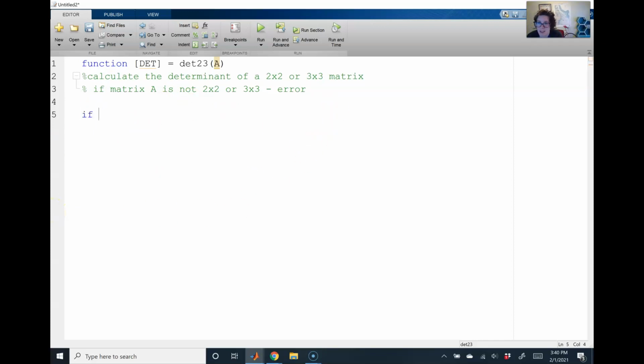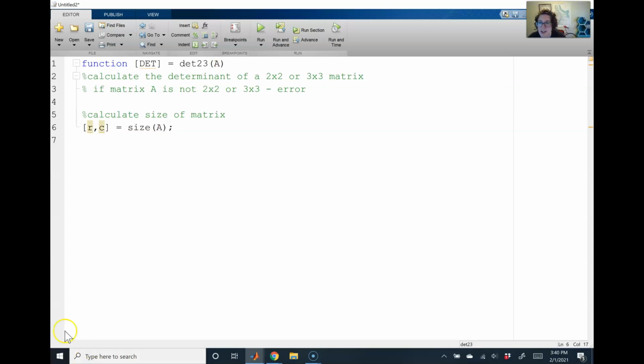So I'm just going to put an if statement here. So if, well, first I need to calculate the size of my matrix. So I'm going to say RC is equal to size of A.